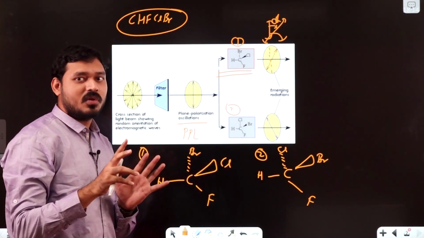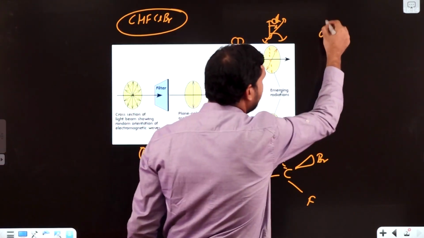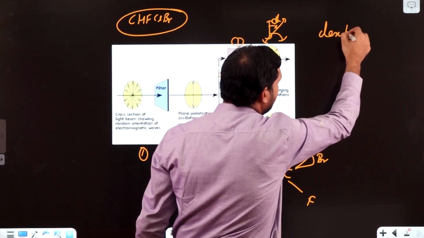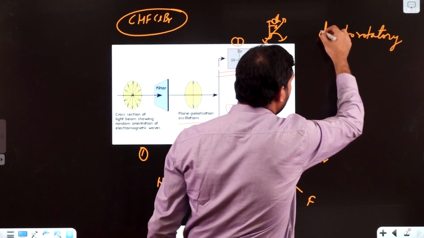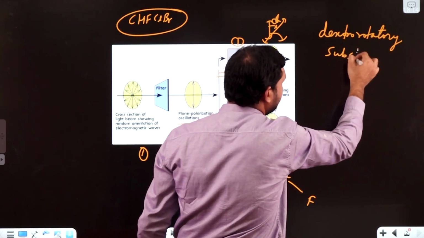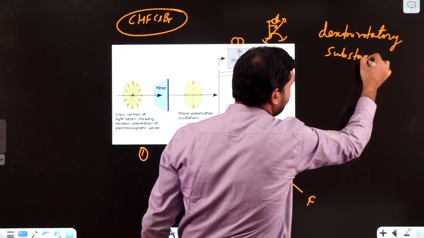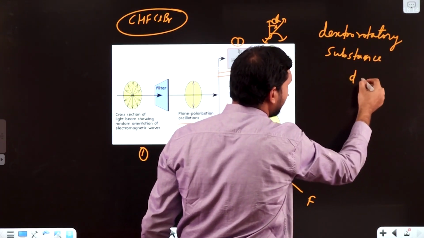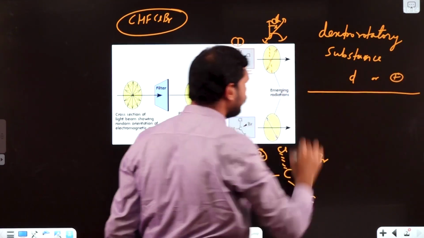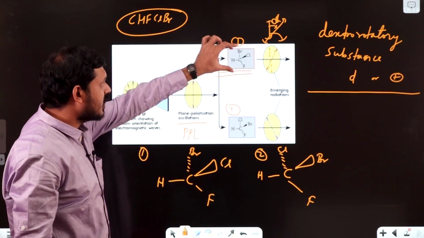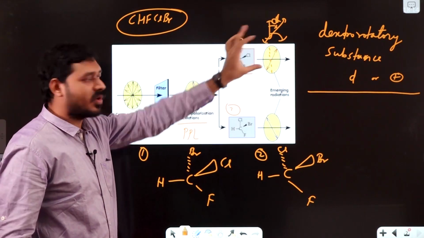What we say to clockwise direction is dextro-rotatory substance, represented by small d or plus. So this substance is our dextro-rotatory substance.